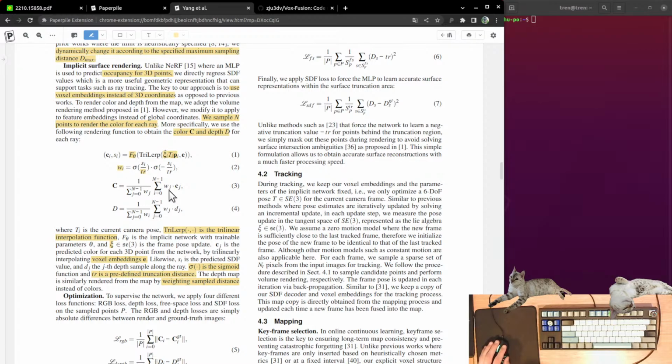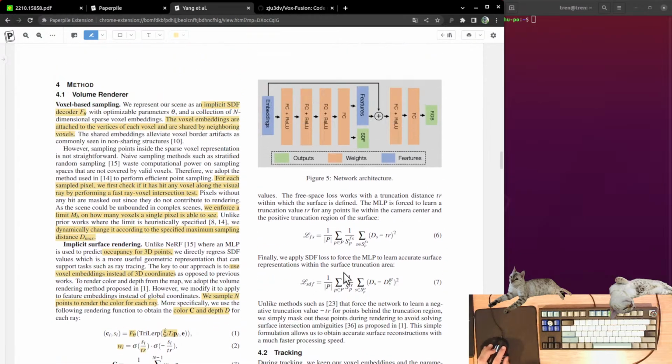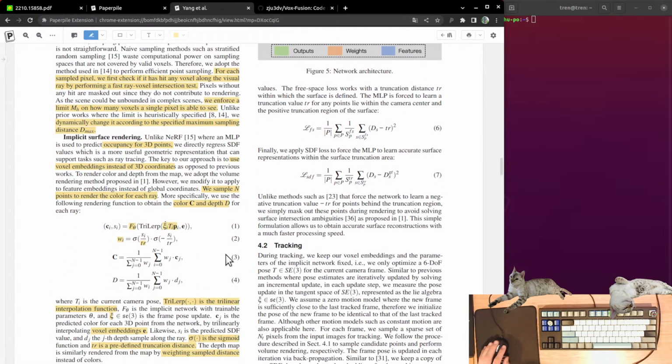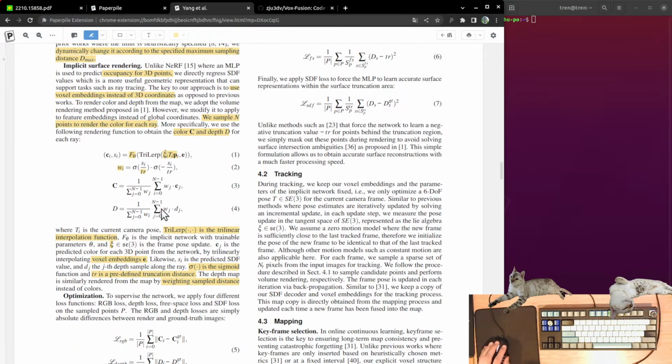And that weight is going to be multiplied by all the little individual colors that you get, in capital N, which I guess is the length of the video, or endpoints. So all the points along the ray that you sample, you weigh each of those based on the signed distance function.